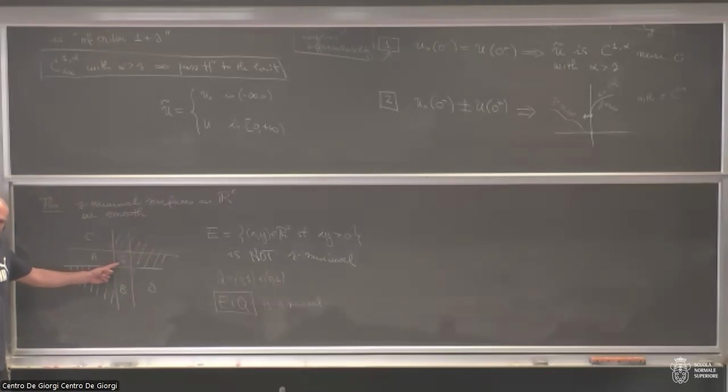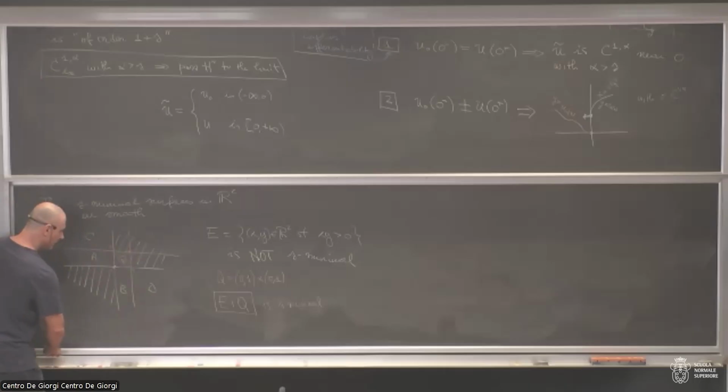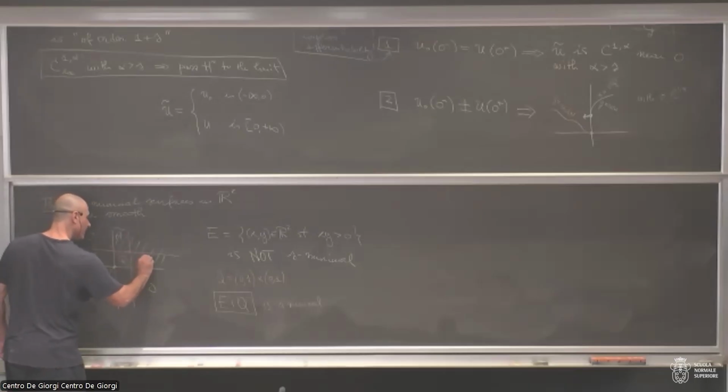When you compute the s-perimeter of E, Q is in E. So it has to interact with the complement of E. So it's interacting with A, B, C, and D. But when you compute the s-perimeter of E minus Q, Q is outside the set. So it's interacting with A tilde, B tilde, C tilde, and D tilde.